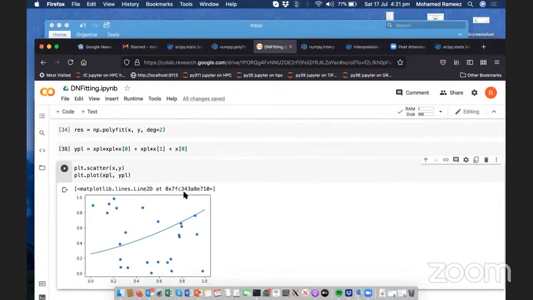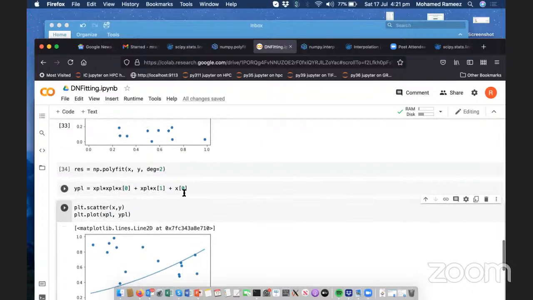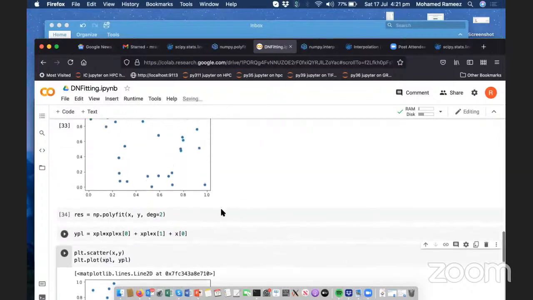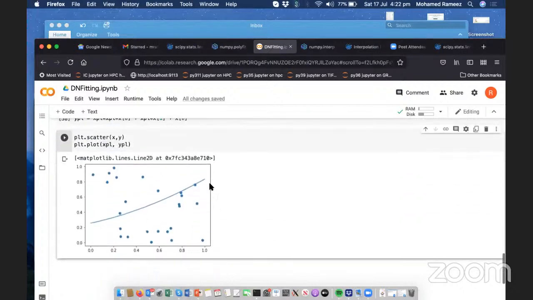Maybe it is a slightly better fit. What we shall do is we shall now go to arbitrary degrees and see what it will do for us.